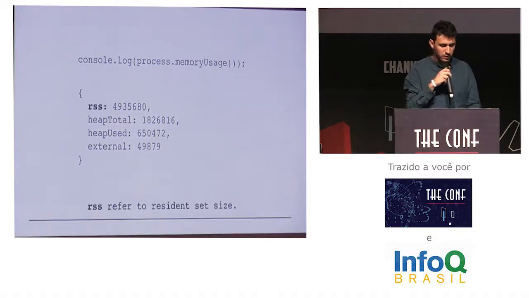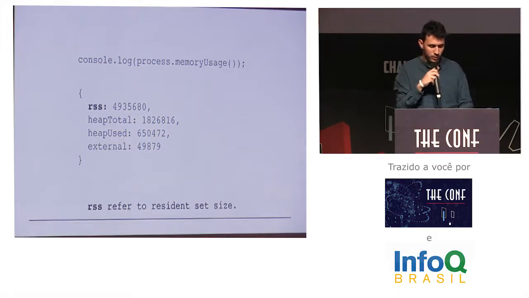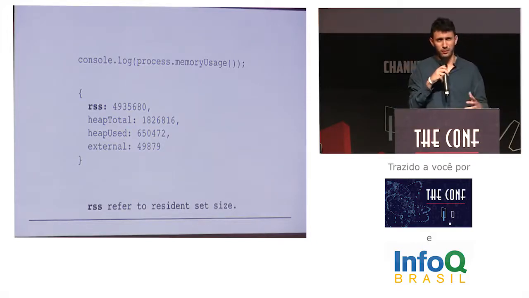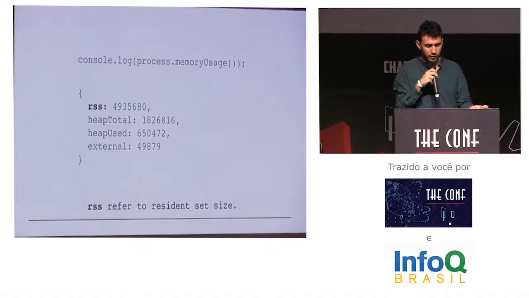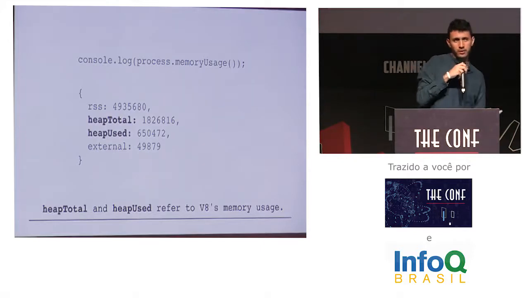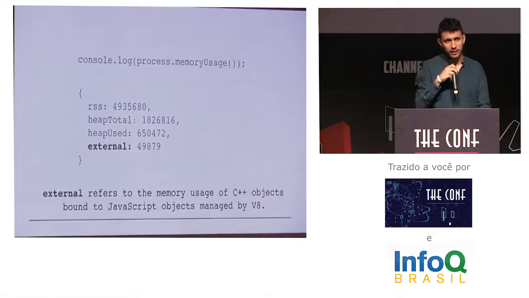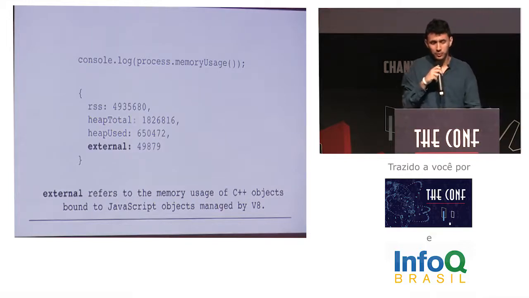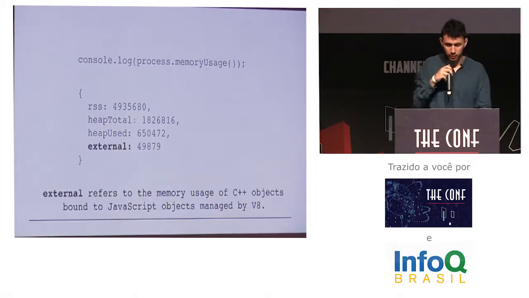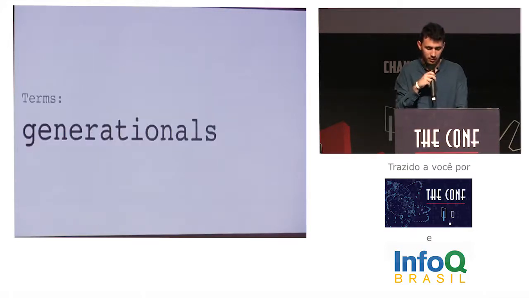This is the property RSS, which contains the value referred to as resident set size. We have heap total and heap used, which refer to V8 memory usage, and external. External refers to the memory usage of C++ objects bound to JavaScript objects managed by V8.